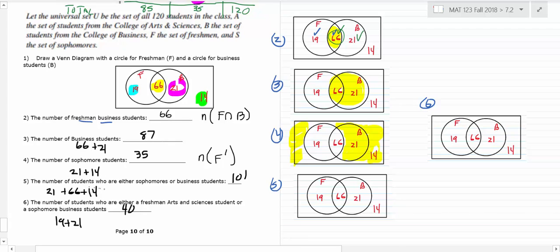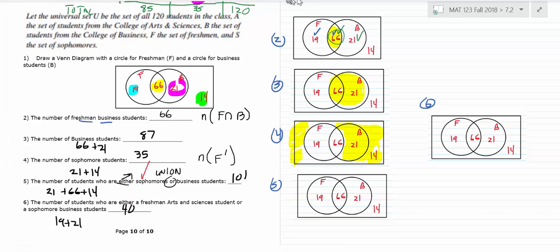And then the next one says the number of students who are either, and when it says either or, that's talking about union. So I'm going to do it like this. I'm going to put a check mark if you're a sophomore. Okay, number 5, I'm looking at the wrong thing here.